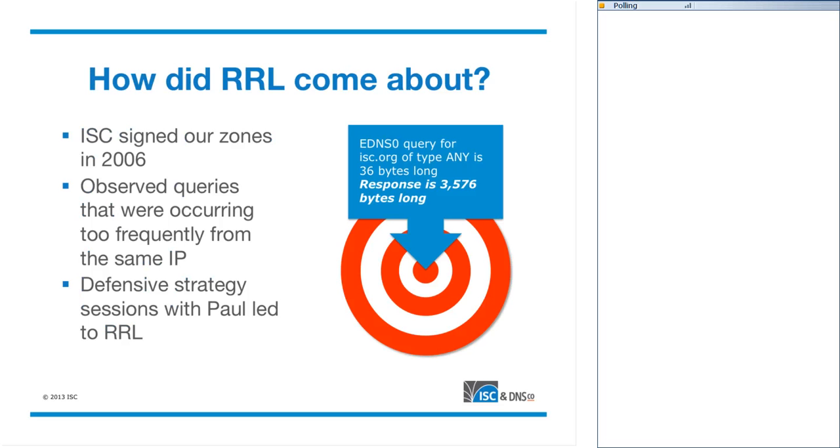Because of that, we started sending large DNS responses with the answer and a digital signature, which is called an RRSIG. As you can see, when you send a query to the ISC.org name servers for, for example, isc.org/any, the query itself is about 36 bytes, but you get a response of about 3K back.